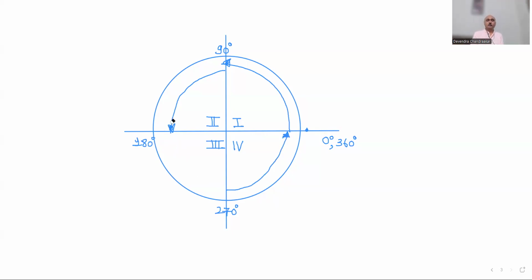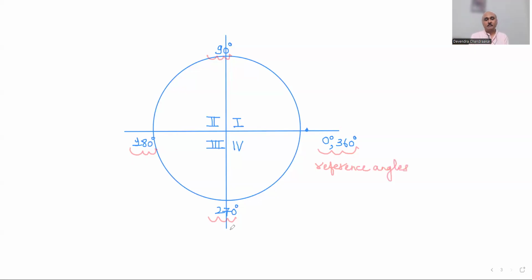I hope all of you understood which are the starting and ending angles of each quadrant. Yes or no? Yes, sir. Very good. So these angles, since they signify the start and end of each quadrant, are called reference angles. Each of these angles is a reference angle.